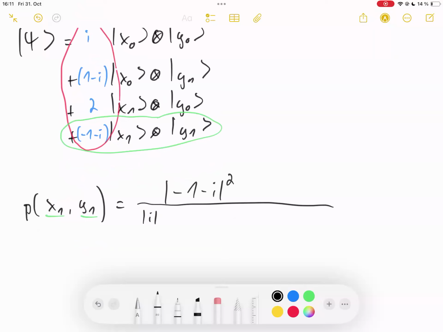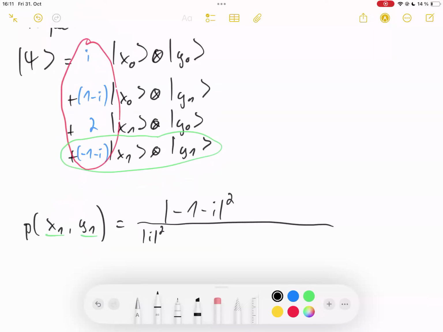That means I sum up the modulus squared. Or we said before, we square the norm of the vector. But squaring the norm just means the square root disappears, or I just say it's the sum of the modulus squared of each entry. So modulus squared of i, then 1 minus i, then 2, and -1 minus i.